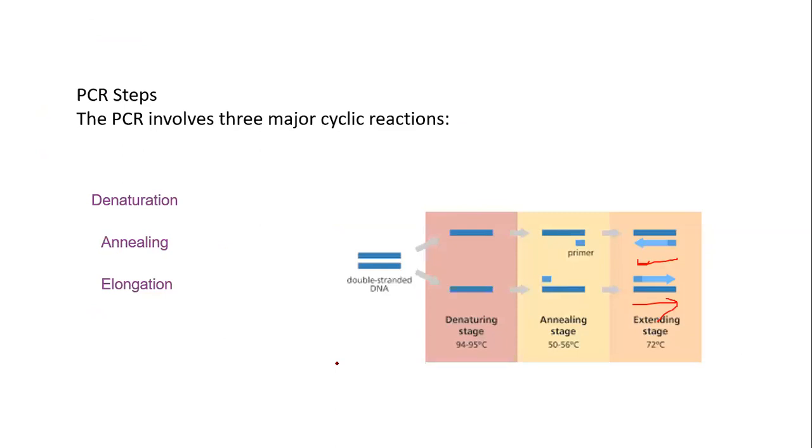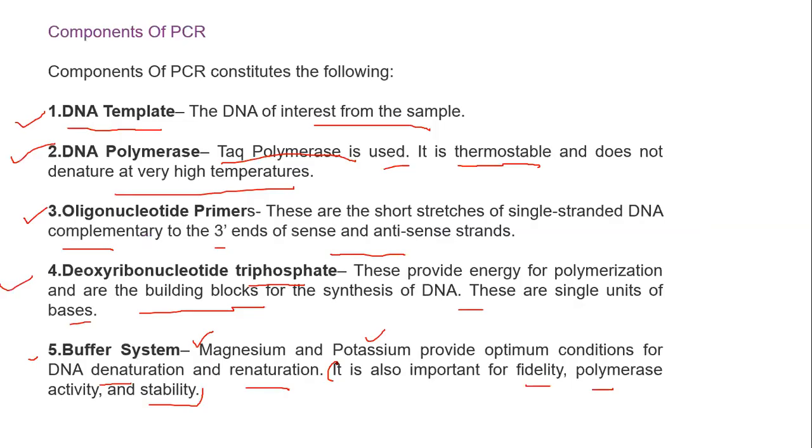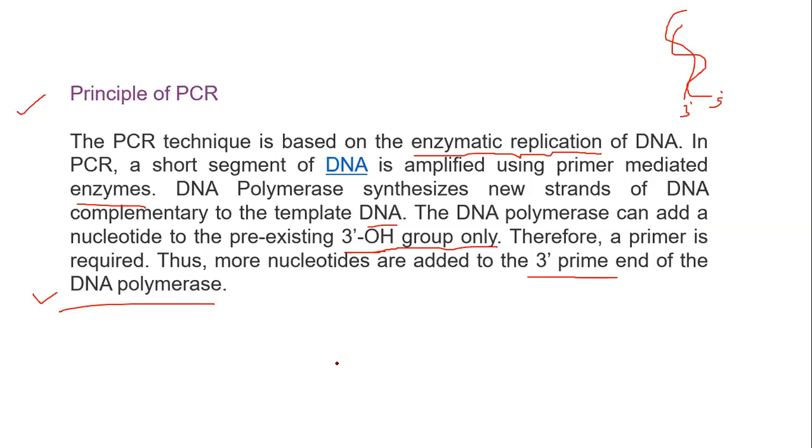The second step is annealing, where we provide the small primers which get attached to that template, and then comes extension. So these are the three steps that we have to follow: denaturation, annealing, and elongation. This is how we cover PCR. PCR is very important, and we have to follow all the steps. These are the basic information about PCR.